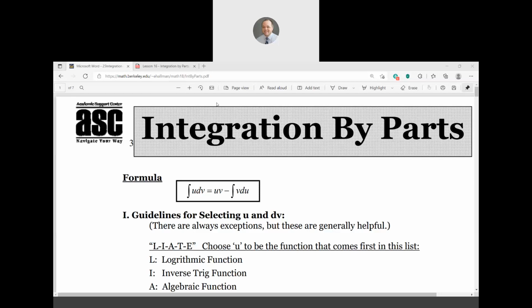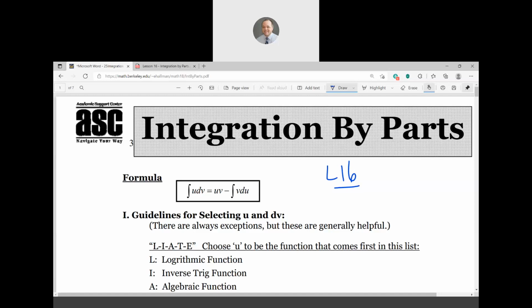Today we are going over lesson 16, and so far this semester we've talked about the different ways we can integrate. One is by taking the antiderivative or undoing the power rule for derivatives.